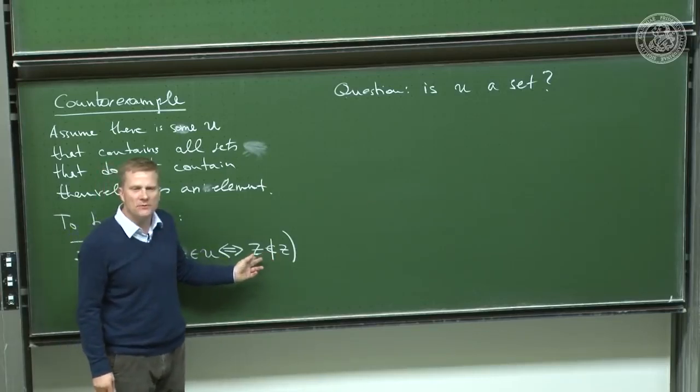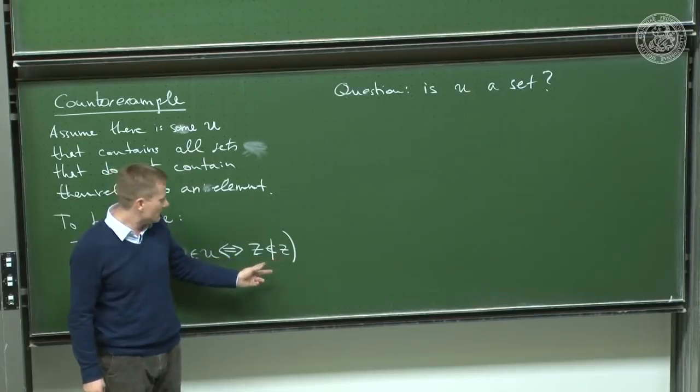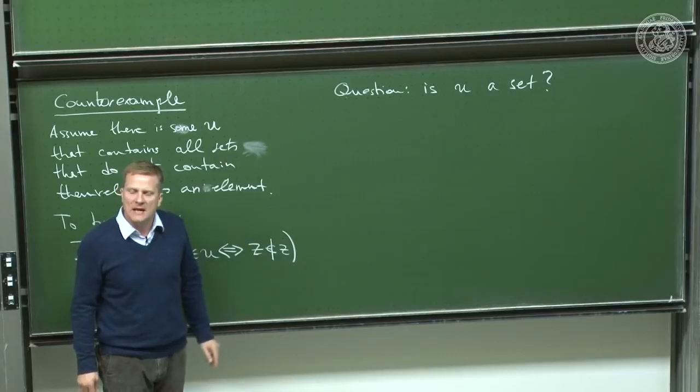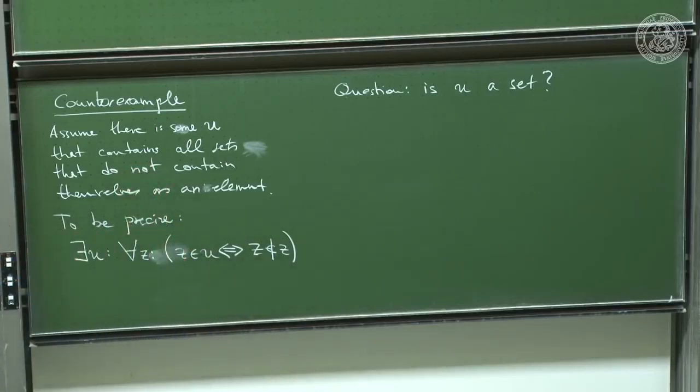And it may disturb you to think of a set being an element of itself or not being an element of itself. But remember, finally, this non-existence axiom will say, don't even look at such stuff, okay?